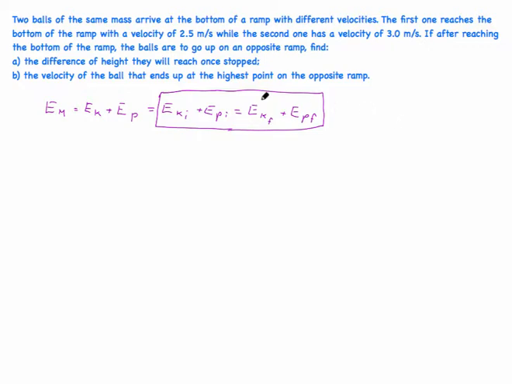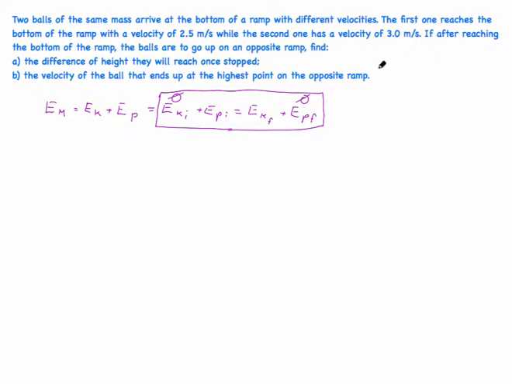So we were able to cancel the potential energy at the final position and cancel the kinetic energy at the initial position. But this problem is going to show us that we can solve it even if we have different values for initial velocity or final position.